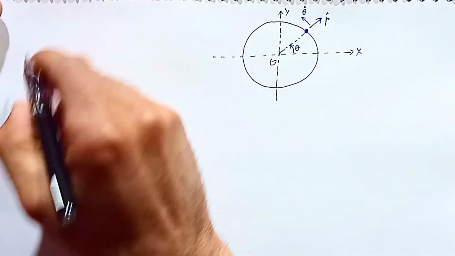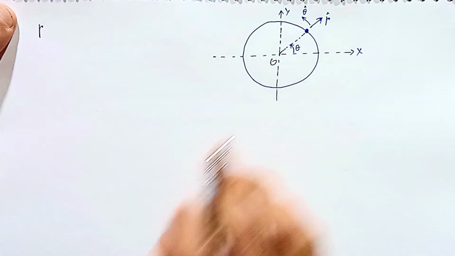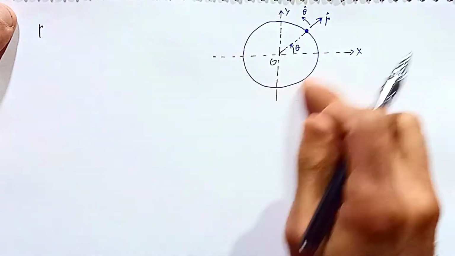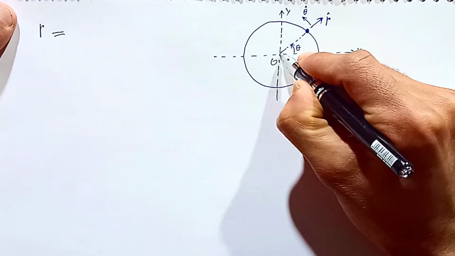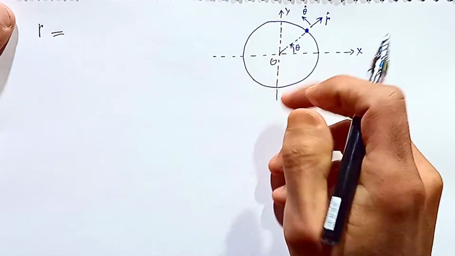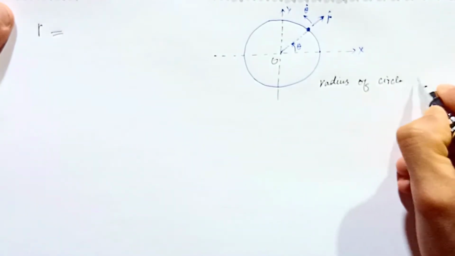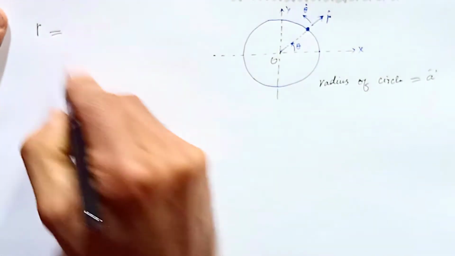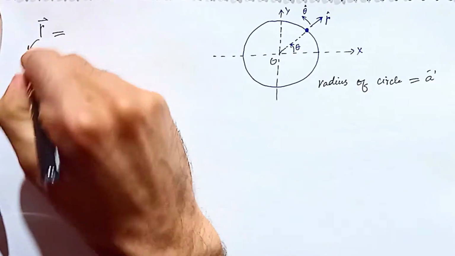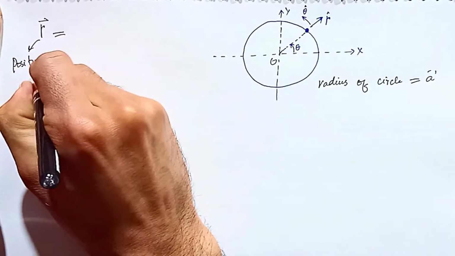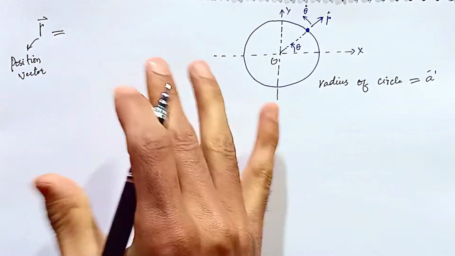So we know, it is the basics actually, the position vector r for this particle which is moving along this circular path. Position vector r will be given as, say for example, from the center up to the circle, that is the radius of the circular path, say it is a. So r is the position vector, keep that in mind, that is, it gives the position of the particle at any instant of time.